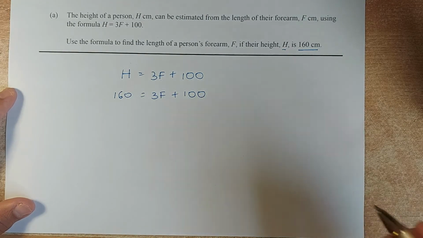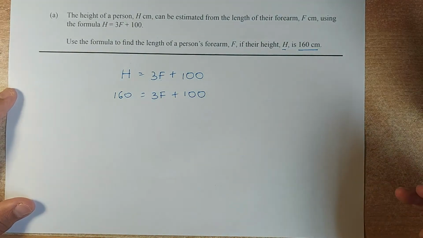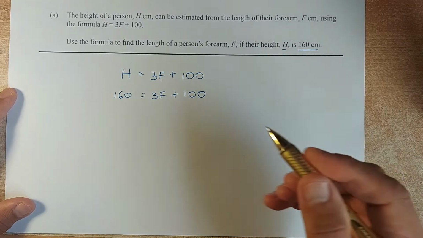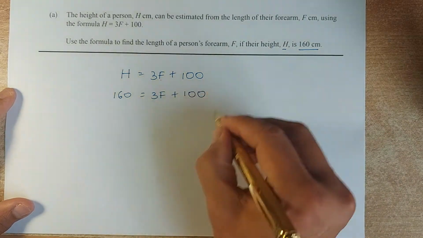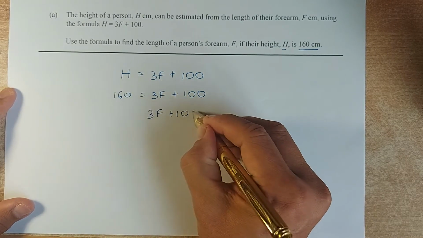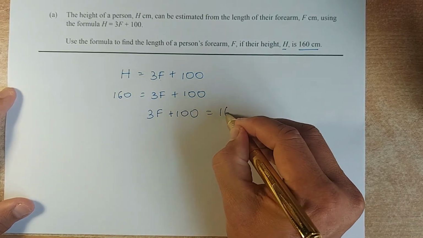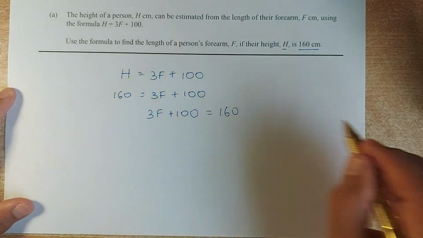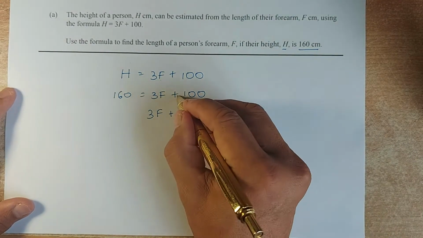Now we are going to solve for f. I normally put the unknown on the left, so I swap it around: 3f plus 100 equals 160. This is the same as that.